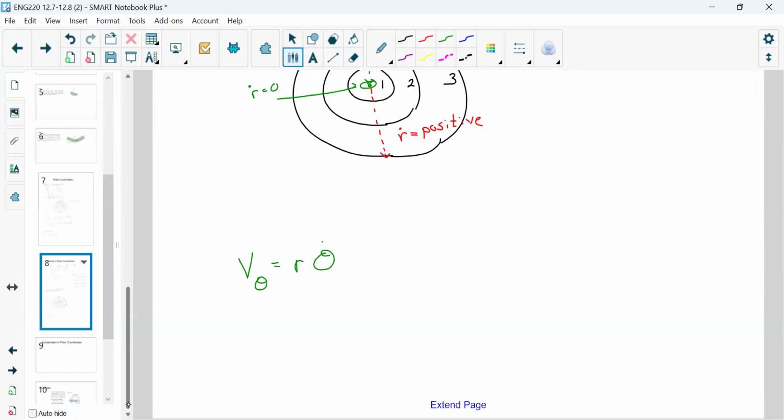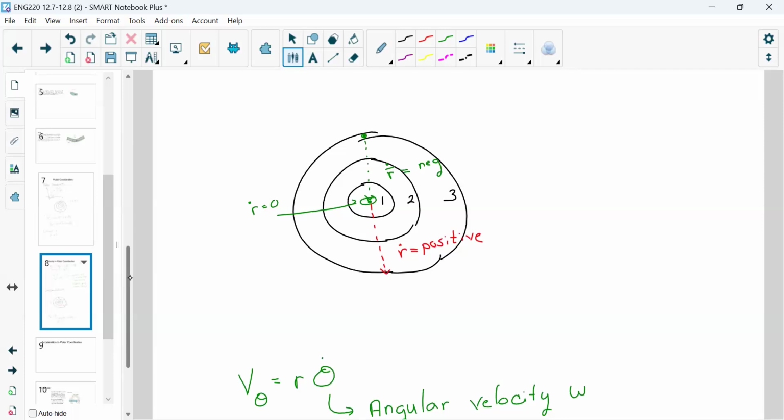Let's talk about that theta dot, because you've dealt with this before, except in the past you called it angular velocity. I believe your other textbook uses an omega for it. Is that correct in calc? Yeah, I think so. All right, but that's our angular velocity. So that's my d theta dt.